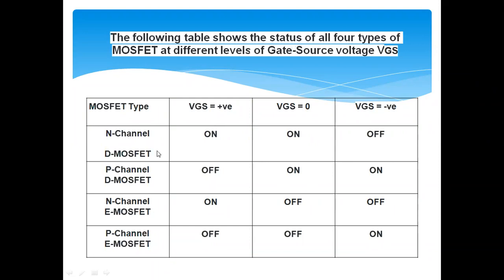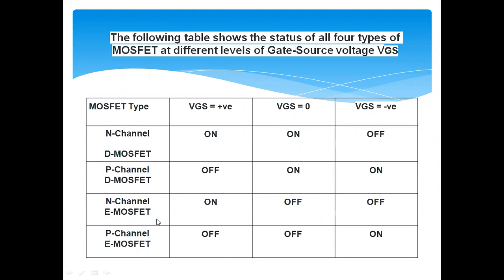For example, for an N channel, if you increase VGS above zero value, it's on, which means it could be acting as an enhancement type MOSFET. Similarly, for this P channel D MOSFET, if you reduce the voltage below zero into the negative, it will be on. That means in this region it will act as an enhancement type MOSFET. And for both cases, at VGS 0 it is on.